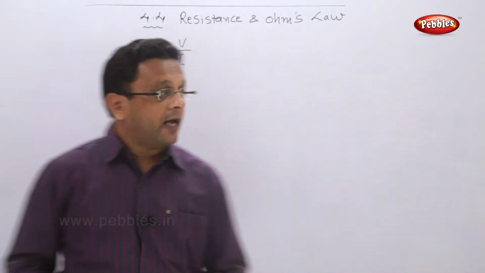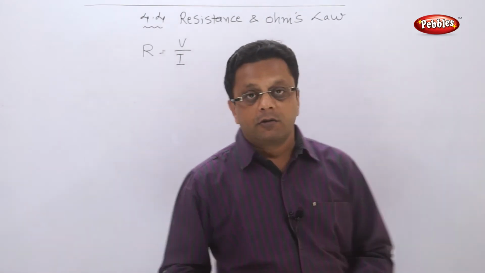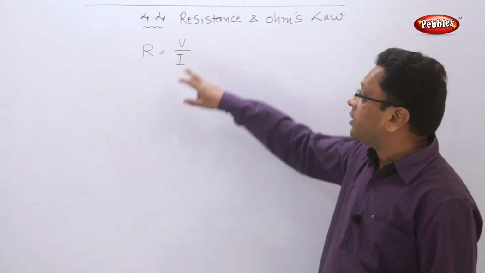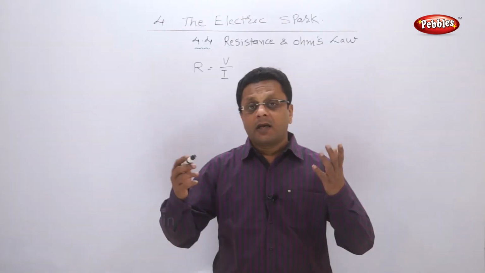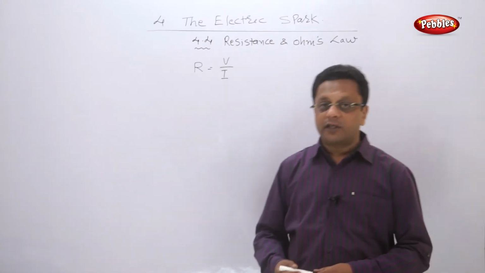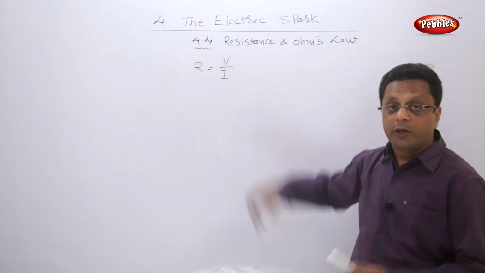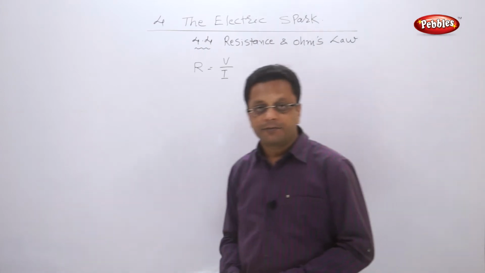Now you can see that this R is directly proportional to the potential difference, and it is inversely proportional to the current. And this is Ohm's law. Ohm's law says that the resistance is directly proportional to the potential difference and inversely proportional to the current.